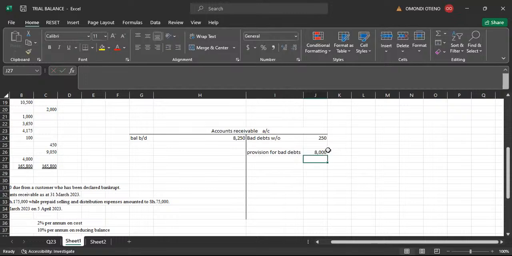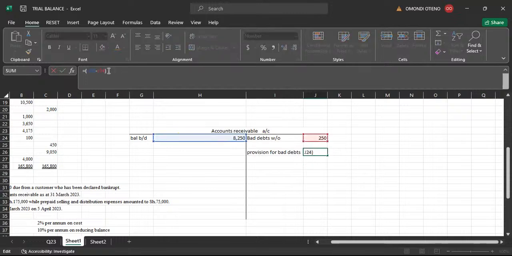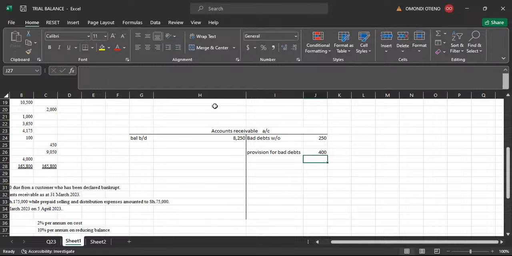That value which we are going to get, we are having 8,000. We only need to get 5% of it, which is what will not be paid. 5% of that amount will not be paid by these people. So it is 400. This 400 will reduce our accounts receivable.